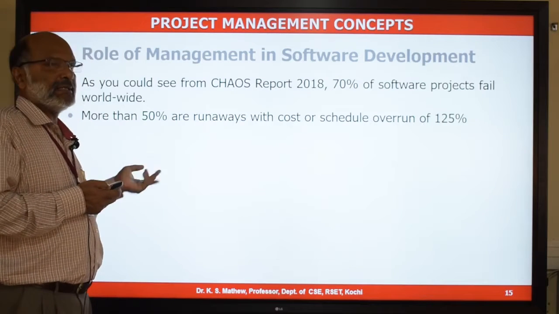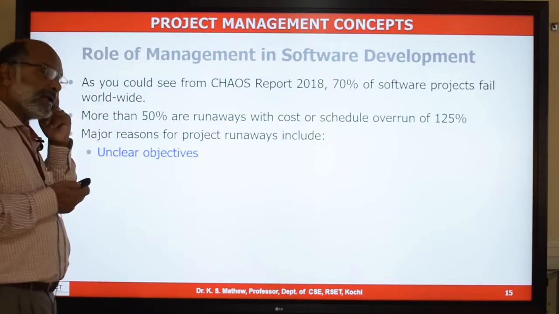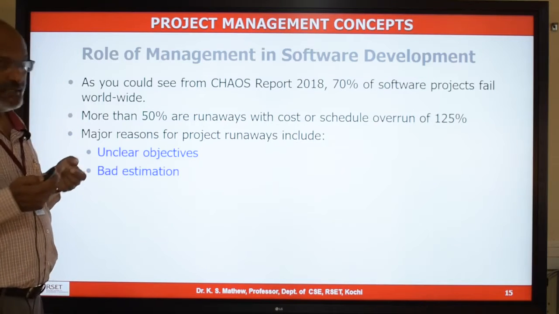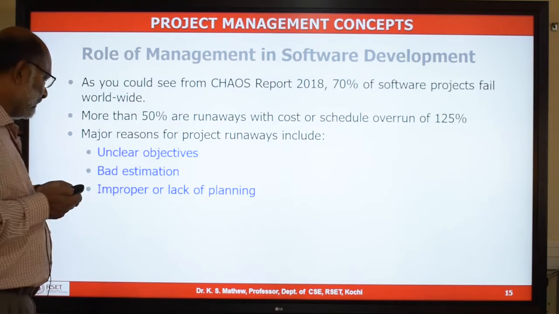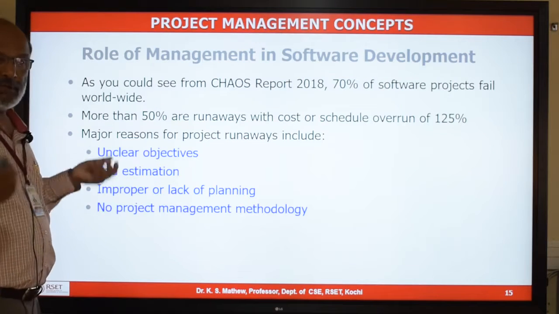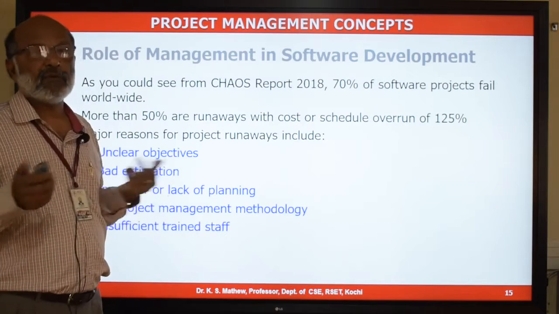And if you look at the reasons or causes for this failure, the major reasons are unclear objectives, bad estimation, wrong or incorrect estimation, improper or lack of planning for the project, no project management methodology used in the project, insufficiently trained staff.